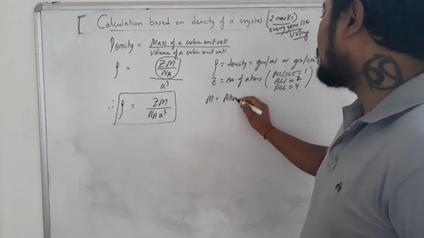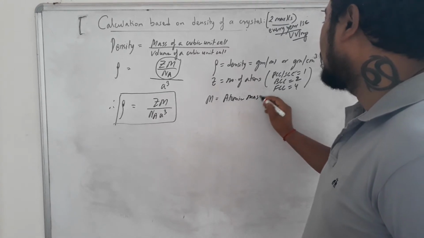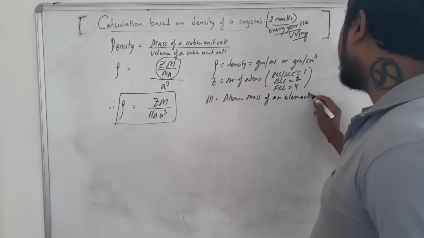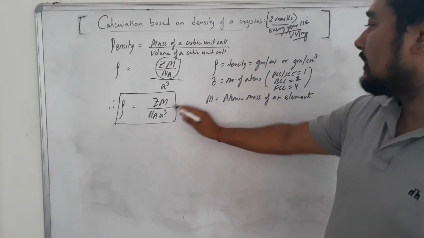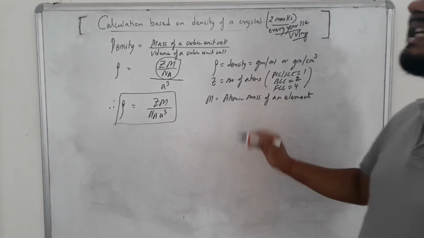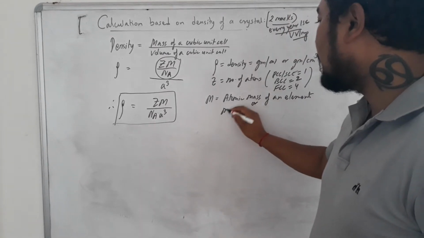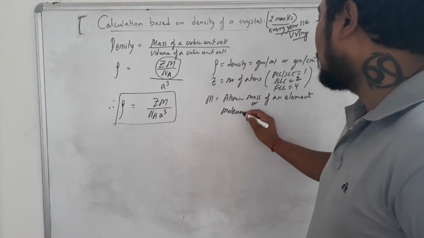Now let us see what this M is. M is the atomic mass if the numerical problem is based on an element. If the numerical problem is based on a compound, then the same M indicates molecular mass.